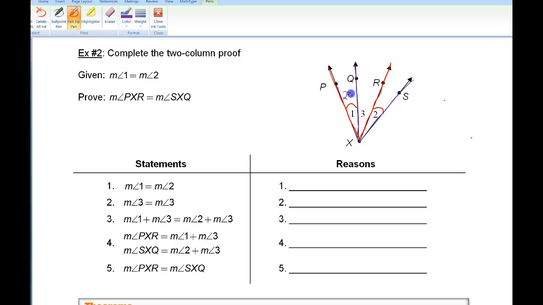So here's 20, and then this is 30. So it makes sense that PXR would have to be 50 degrees, right? Those two added together. And these two also add up to 50. So you can clearly see that the angles are going to be equal to each other. But that's where the step-by-step justification comes in, and that's part of the proof, okay?